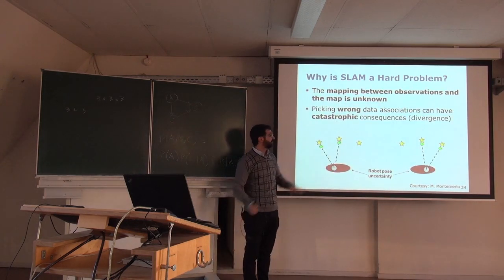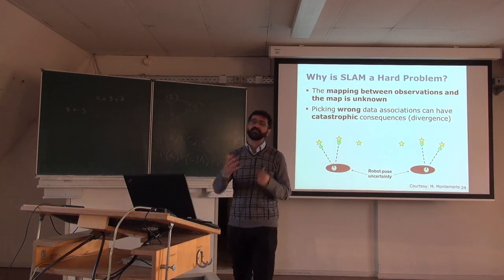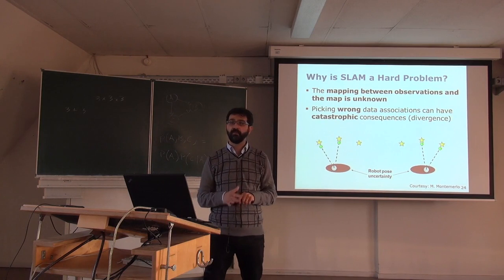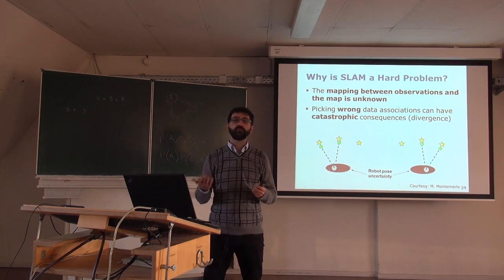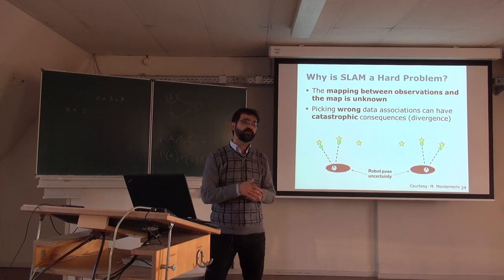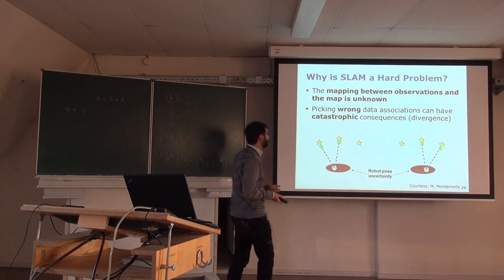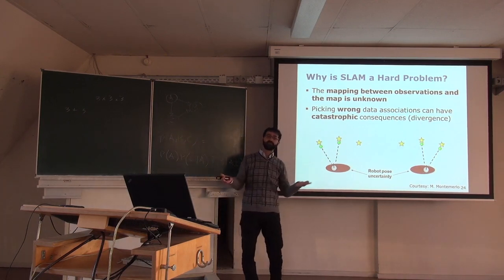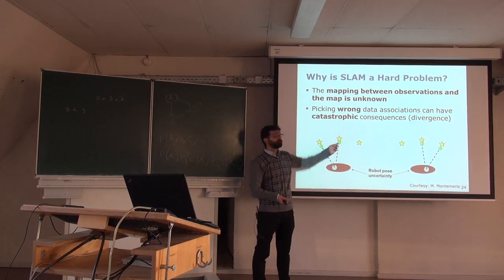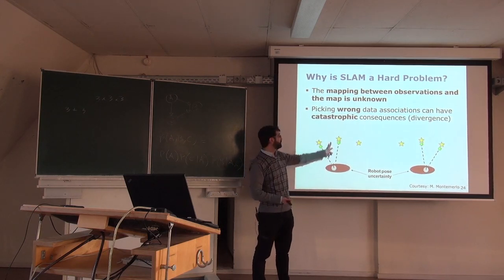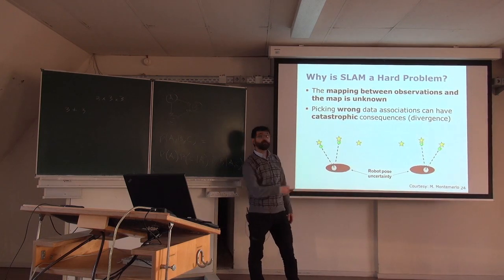Another problem is that uncertainty also plays a big role here. This is because we sometimes do not know if what we are observing is exactly what we think we are observing. So imagine that the robot is only able to see stars. And now it has this uncertainty here, and it sees 2 stars. Now I can either see these 2, or you can see these other 2 here on the side.